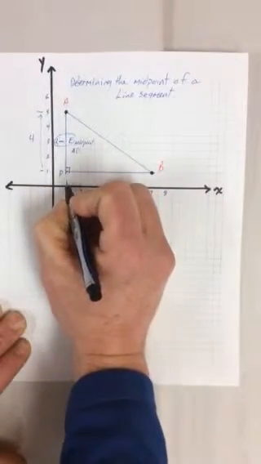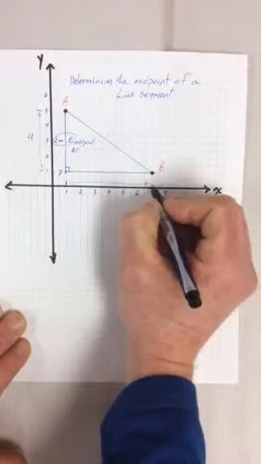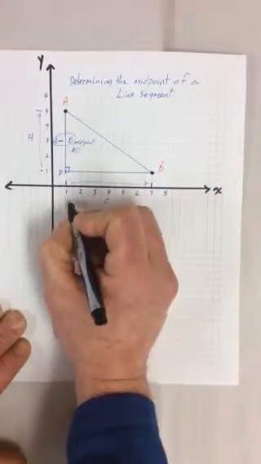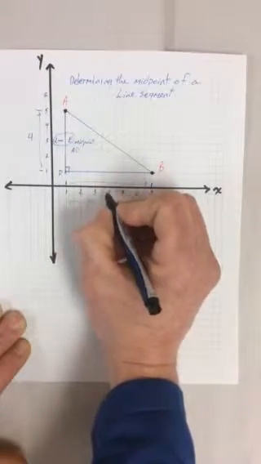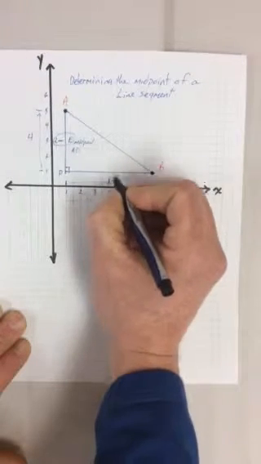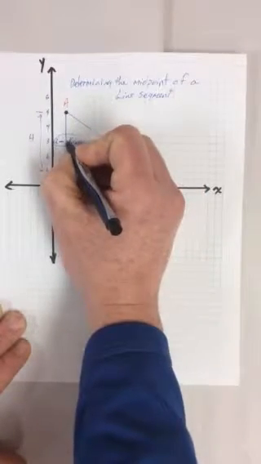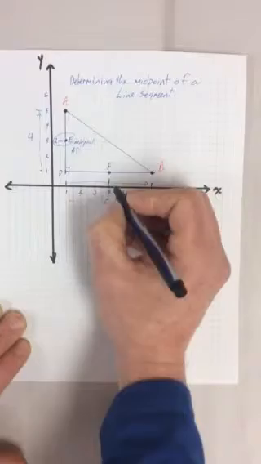Now, same thing. Distance from 1 to 7. Total distance is 6. So halfway would be 3. So now, right there, at F, we have the midpoint.